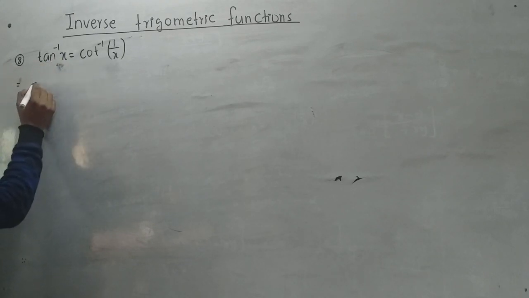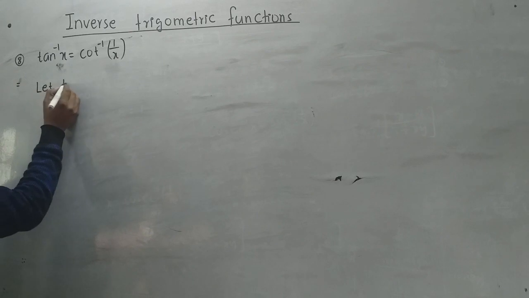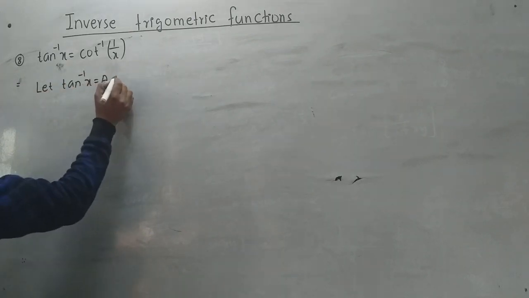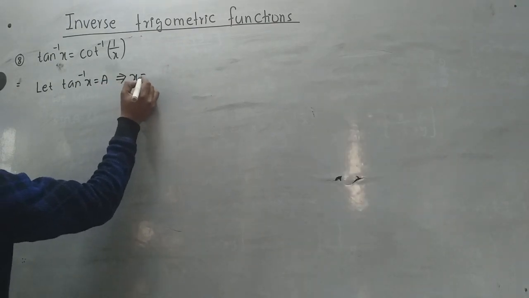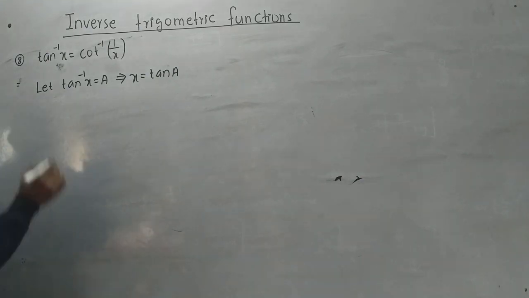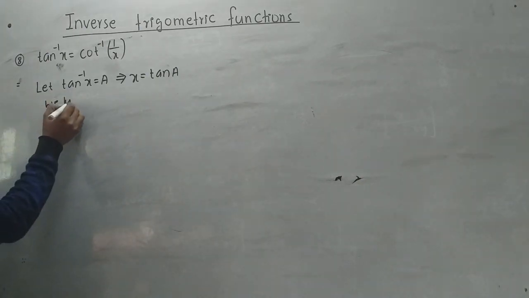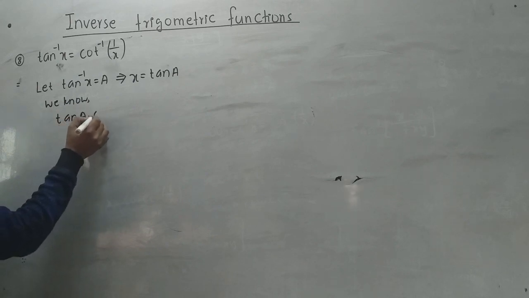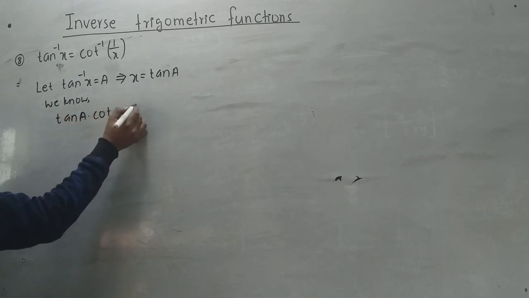So here it is only one variable. Let tan inverse x equals a. It implies that x equals tan a. After that we know, we are well known with the formula tan a times cot a equals 1.